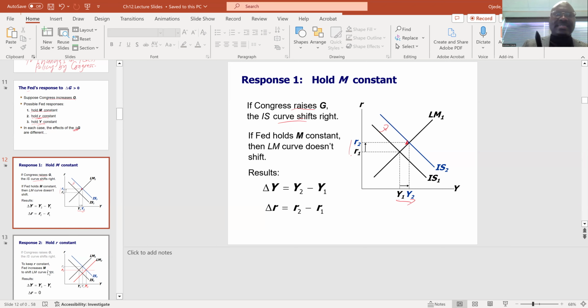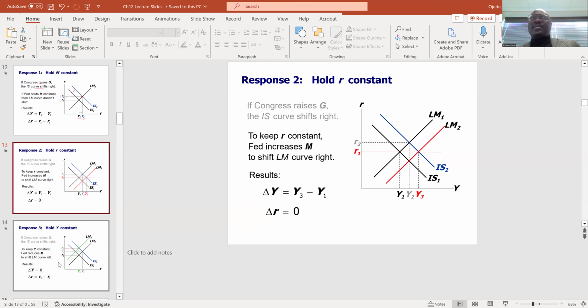The other case is case two. When Congress decides to increase government spending, the Federal Reserve thinks that it would potentially raise the interest rate. But if the goal of the Federal Reserve is to hold the interest rate constant, they don't want the volatility of the interest rate rising from R1 to R2.